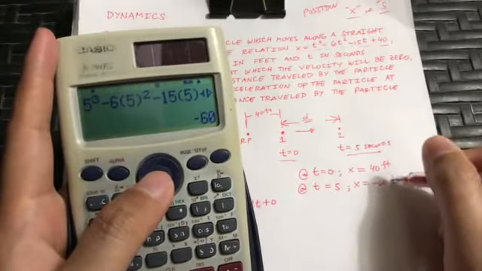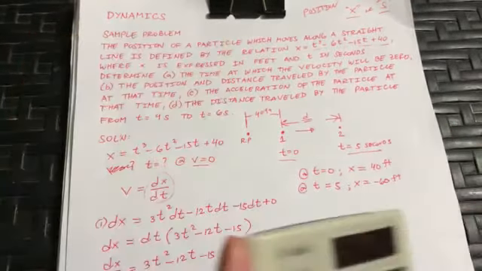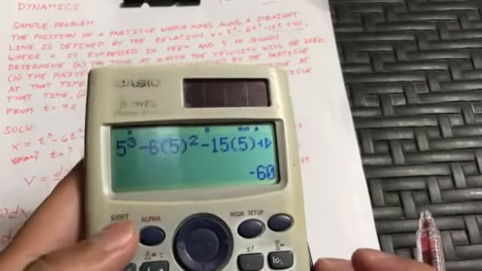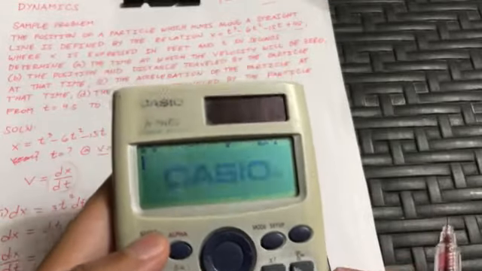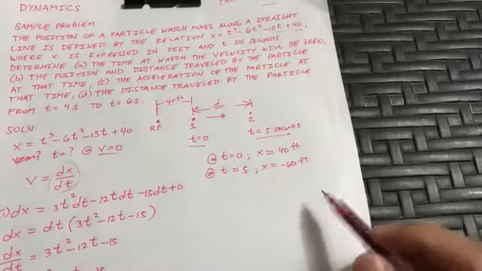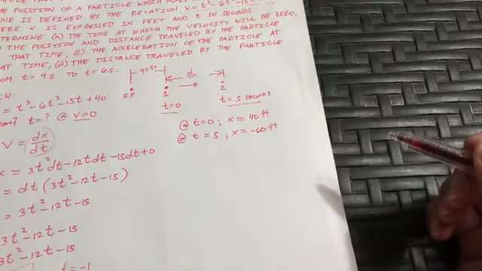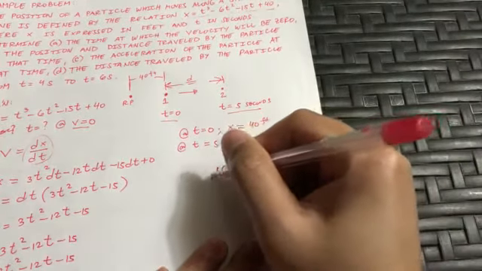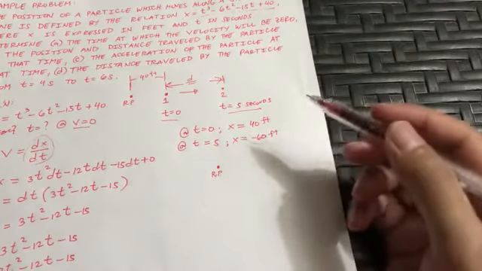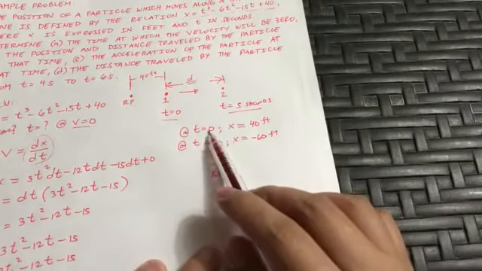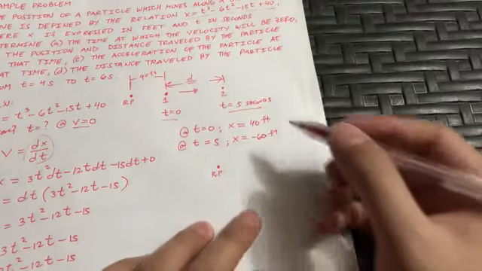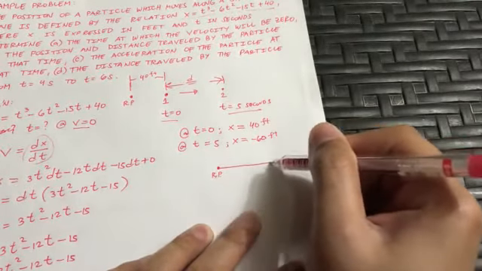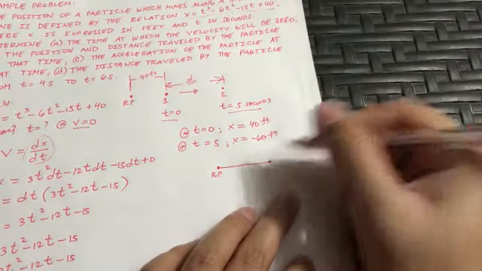So negative 60 feet. By the way, position is a value that has a sign, so we will use negative 60. Let's have a more accurate representation of the position. At time 0, x is 40. To have a simpler analysis, we'll use a line.